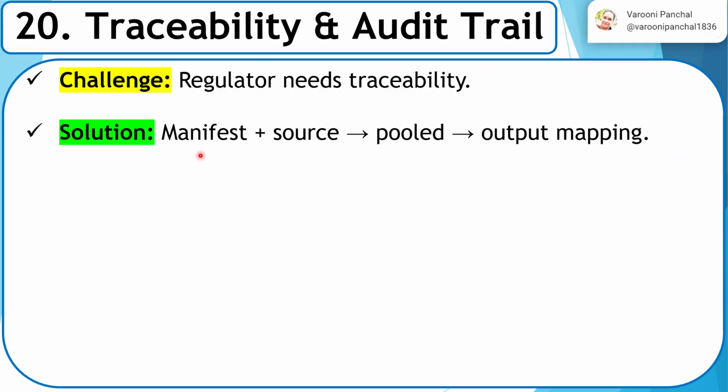So the solution here is to maintain a manifest plus the source that you are using in the pooled studies, along with the output mapping. So whatever you are using in the 12 individual studies, no matter the format and structure, could be different, because the source is different. The study may have been conducted 5 or 10 years before.